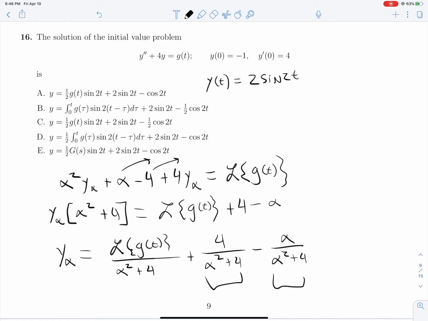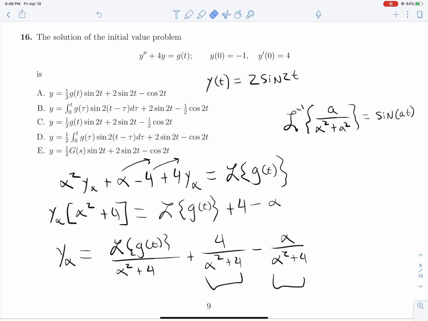Well, we know that the inverse Laplace of a over alpha squared plus a squared is sine at. And since we have a 4 on top, we can factor a 2 out from that. We'll have 2 over alpha squared plus 4. That's just this case for a equals 2, and we're left with a 2 multiplied on the outside.